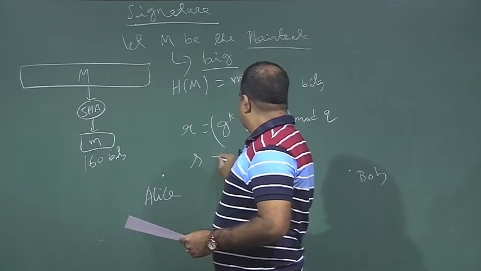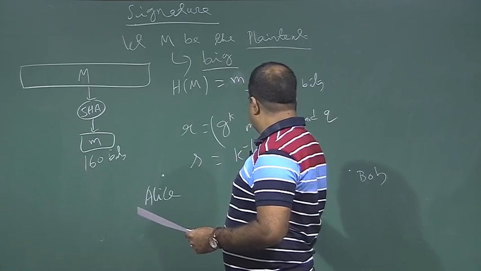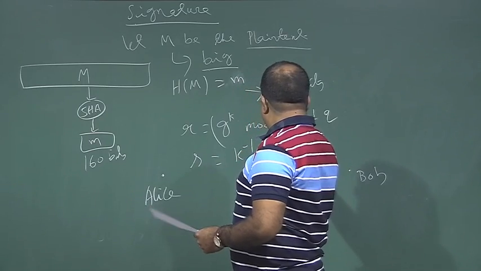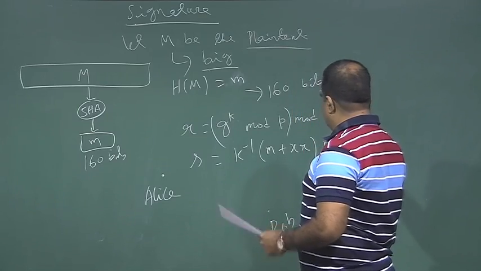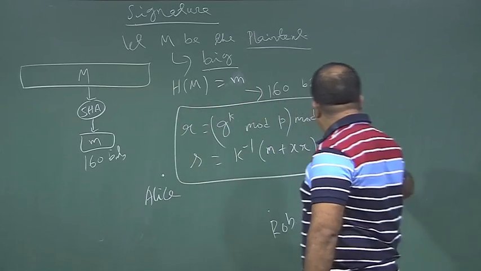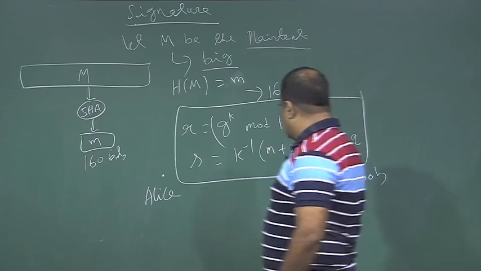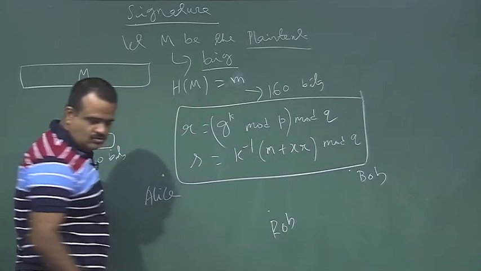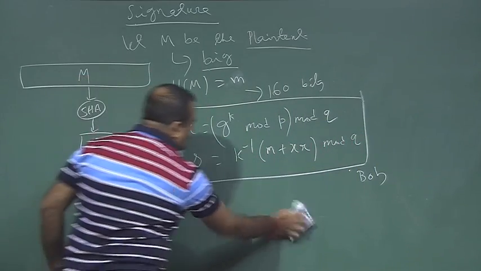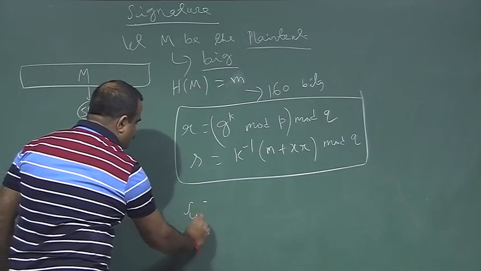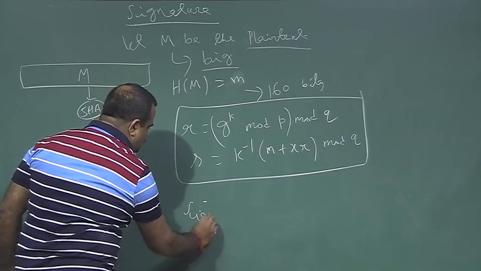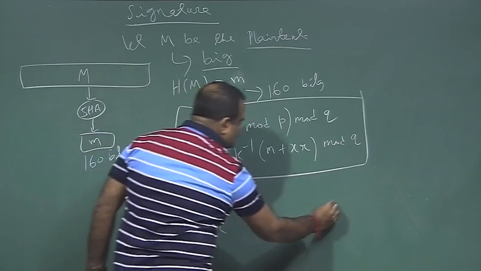And s is k inverse times (m plus xr) mod q, and Alice sends this r, s to the verifier. So, this is the signer and this is the verifier.